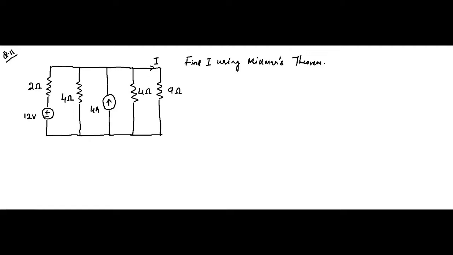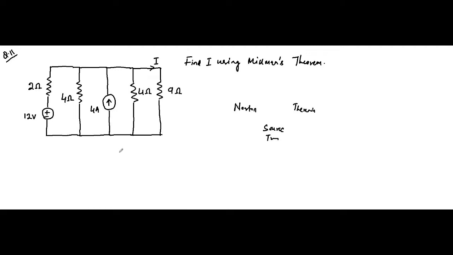Like we did in the previous case, here we can go with the Norton equivalent circuit approach or the Thevenin equivalent circuit approach, and both will include source transformation. So first let us go with the Norton approach.